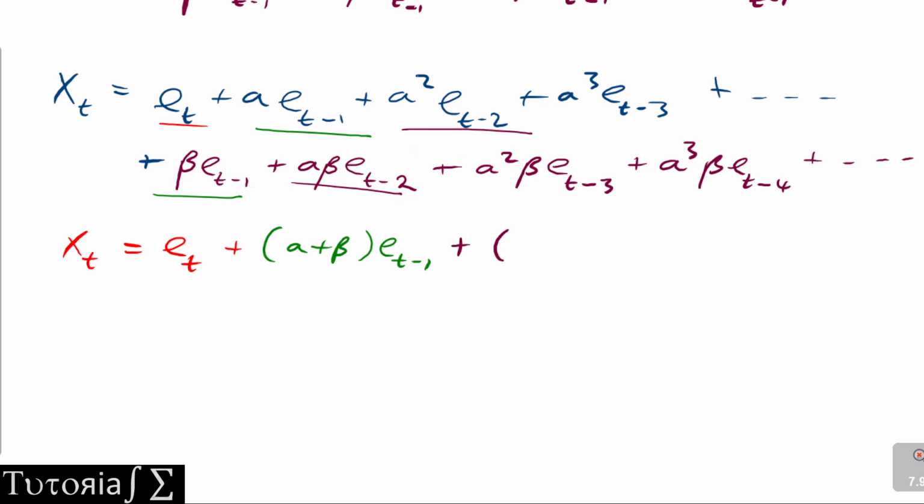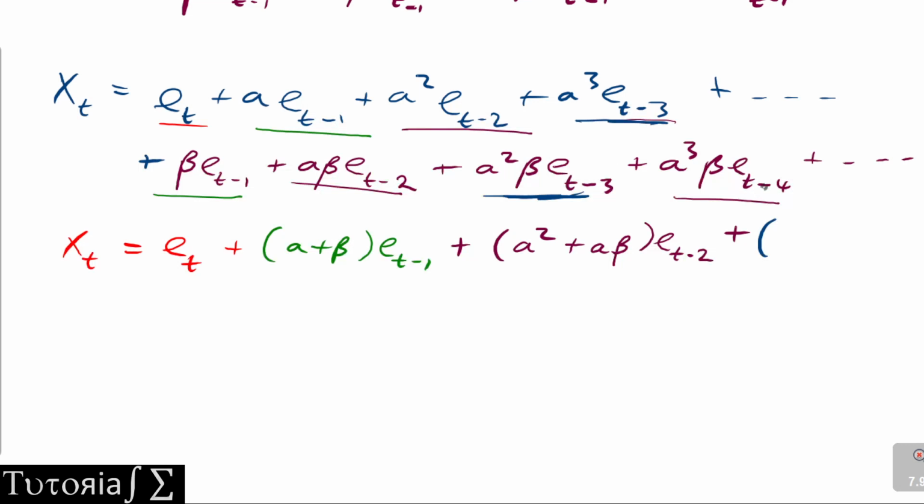That we're going to have plus (a squared plus a beta) e_{t-2}, plus here this one and this one have the same lag.